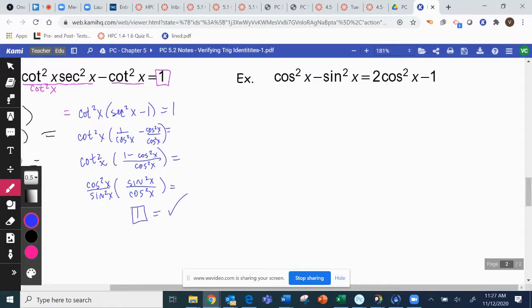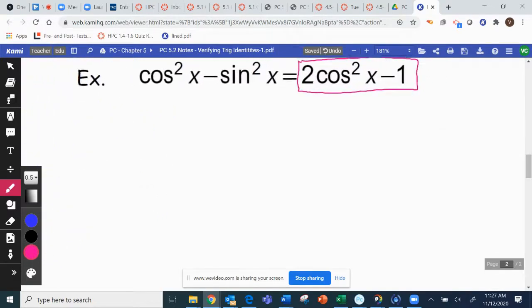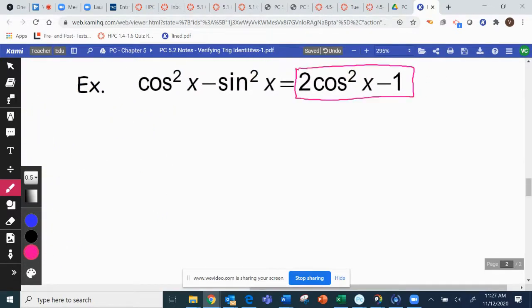Actually, I do think one side is more complicated than the other. The one that has cosine and sine is probably more complicated than the side that only has cosine in it. So if it were me, I would probably box that one in and work on the left side. But again, you could do this one either way. I have done it either way. What should we do?